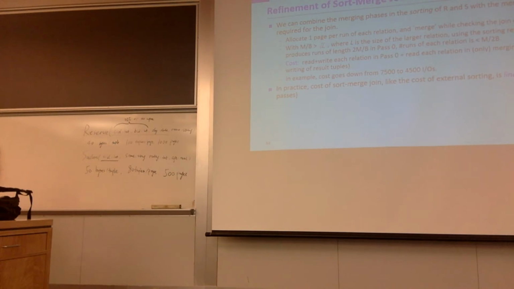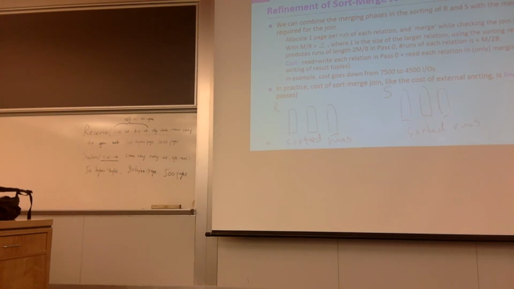It's something like this. Suppose before your last pass for the relation R, you have a bunch of sorted runs like this. And for S, you also have a bunch of sorted runs like this. That's the last pass of your external sorting.